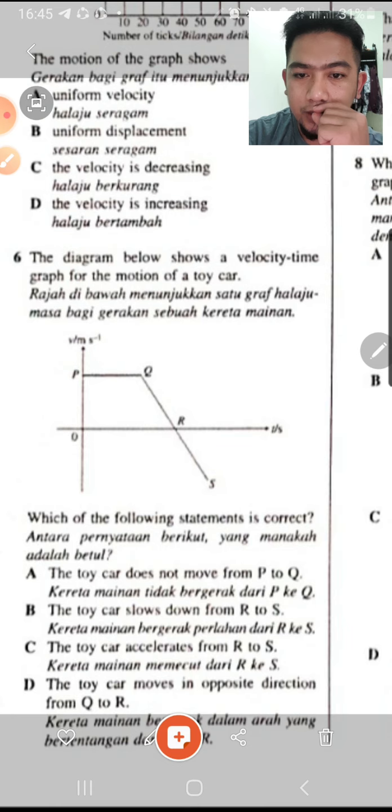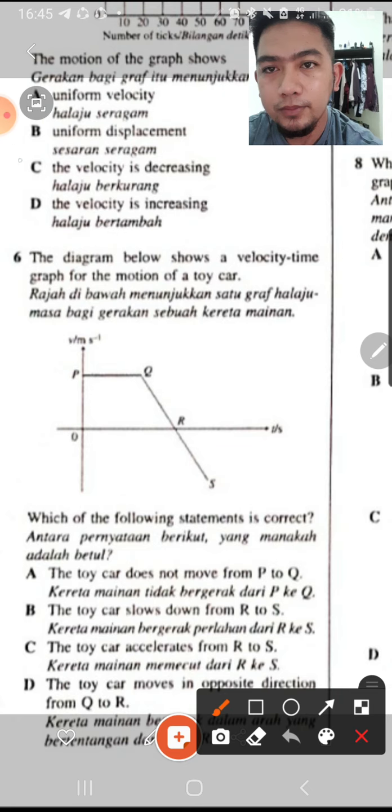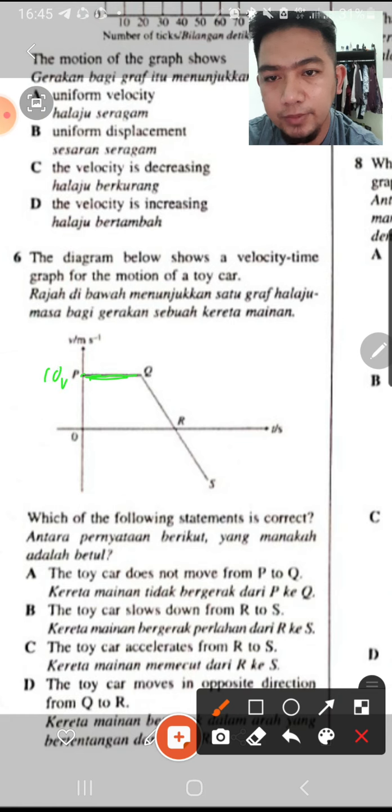The toy car does not move from P to Q. You have to first understand what P to Q means here. Here, P to Q is velocity, and this means uniform velocity, because the value at P is, let's say, 10 meters per second.